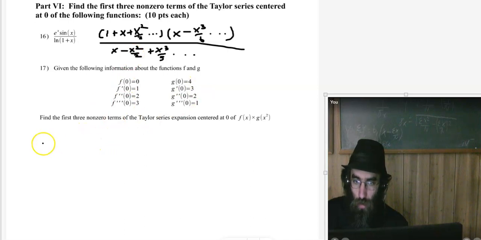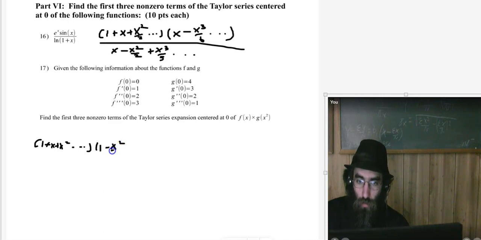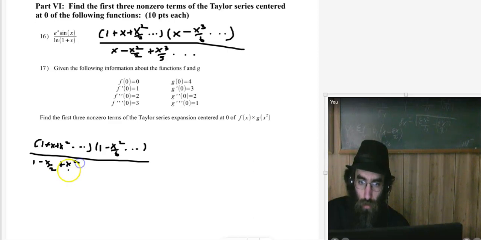So I'll continue my work down here: 1 plus x plus x squared dot dot dot, times 1 minus x squared over 6 dot dot dot, over 1 minus x over 2 plus x squared over 3 dot dot dot.